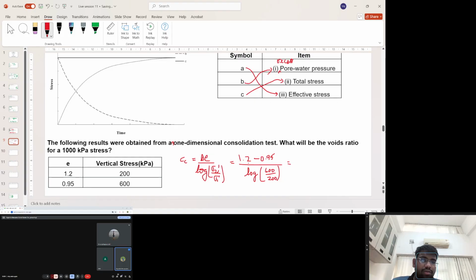This will be 0.25 divided by log 3. How much are we getting? 0.523. 0.524, sir. 524. Right.